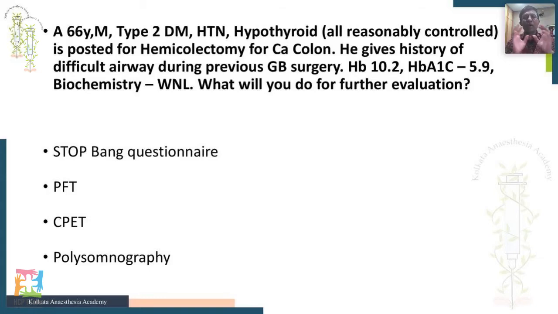So you want to do a further evaluation. If you have to do one further evaluation, which will you choose? Would it be the STOP-BANG questionnaire? Would it be pulmonary function test? Would you do a CPET, or would you do a polysomnography? So which is the thing that you would want to do in this 66-year-old?